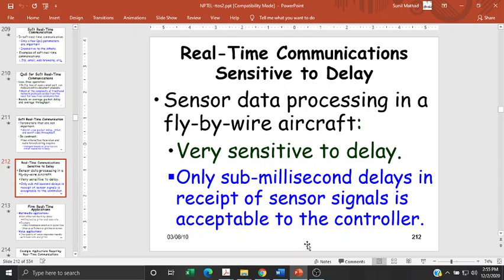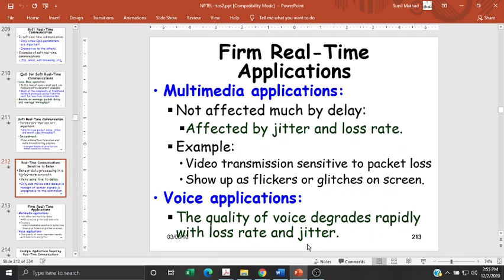In those scenarios, they are sensitive to delays, so that within a stipulated amount of time the signals should reach, and for further computation there should be some margin so that there is still hope for rectification. Only sub-millisecond delays in receipt of sensor signals are acceptable to the controller. Okay, that's what it is.